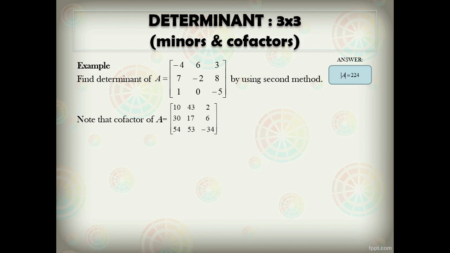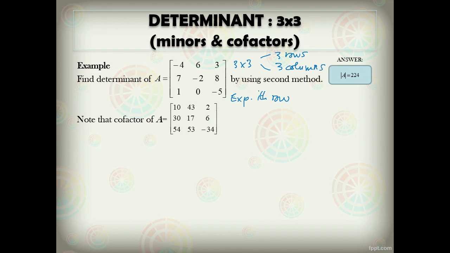Here we have two ways to expand by using the cofactor. The first one is by expanding the ith row. Since we have a 3 by 3 matrix, it means we have 3 rows and 3 columns.